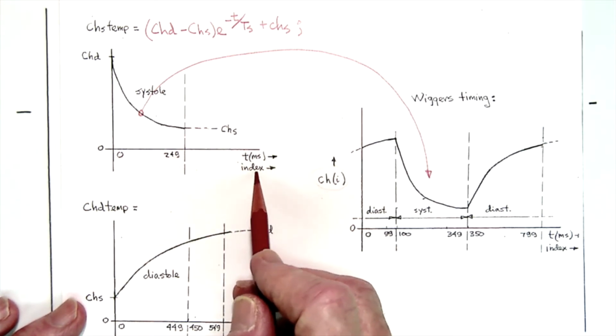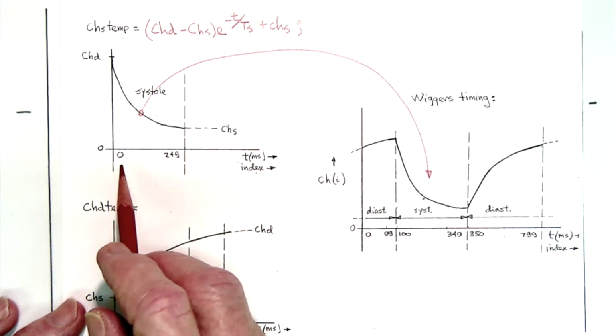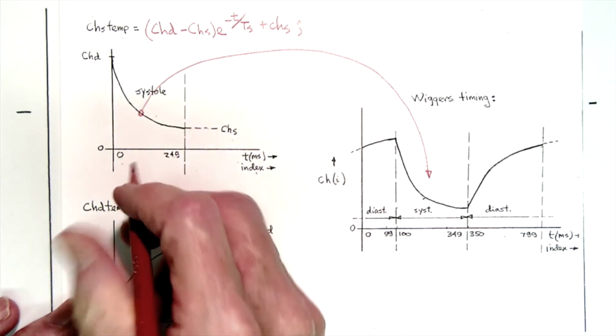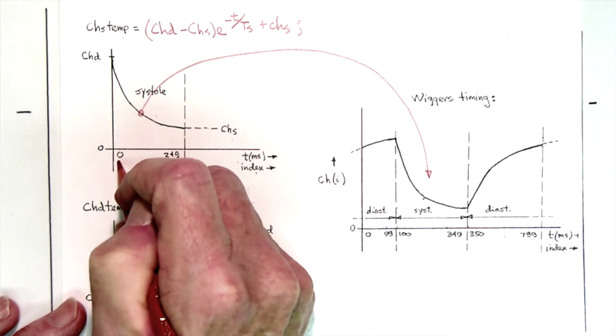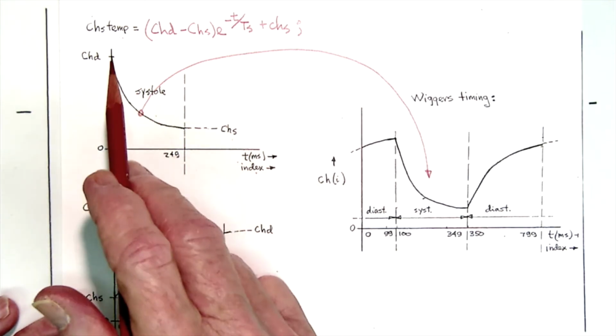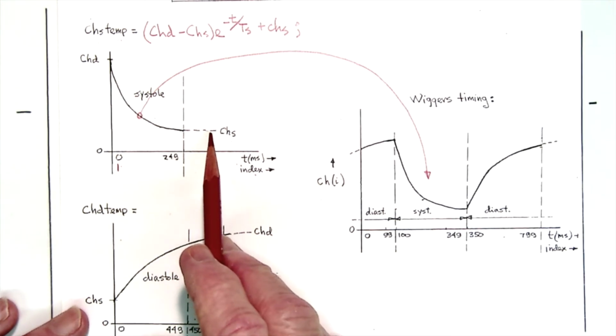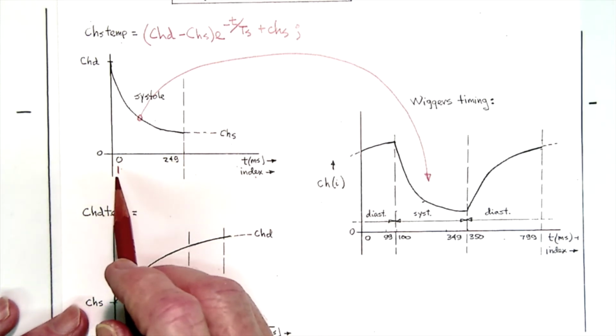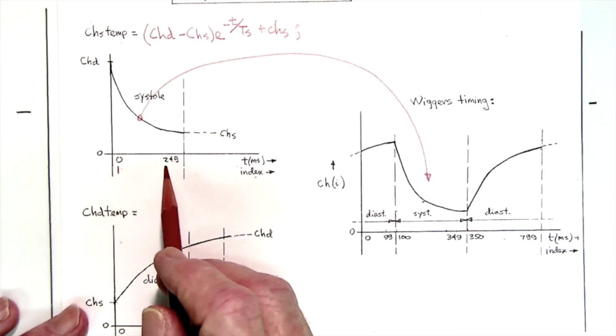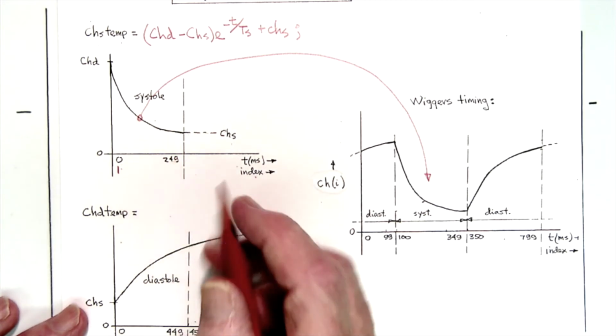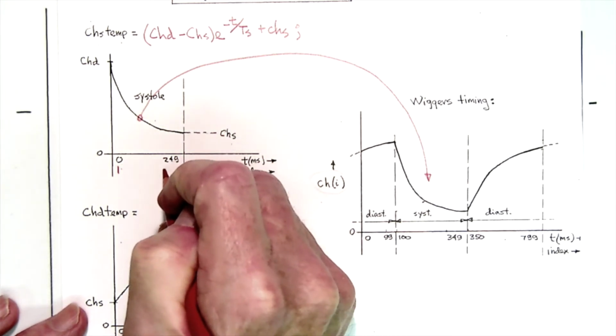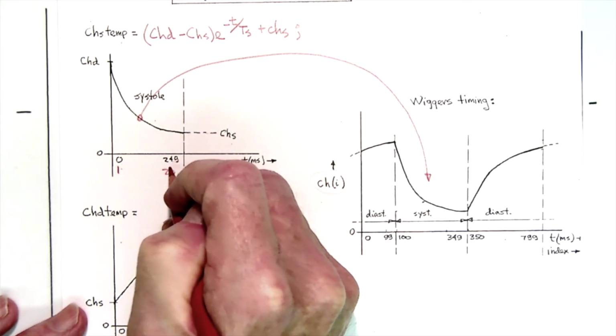But the index for MATLAB never starts at 0. It always starts with 1. So the index in the row vector that was just generated temporarily here starts at 1, not 0, and after 249 milliseconds, the index is actually 1 greater than that, 250.